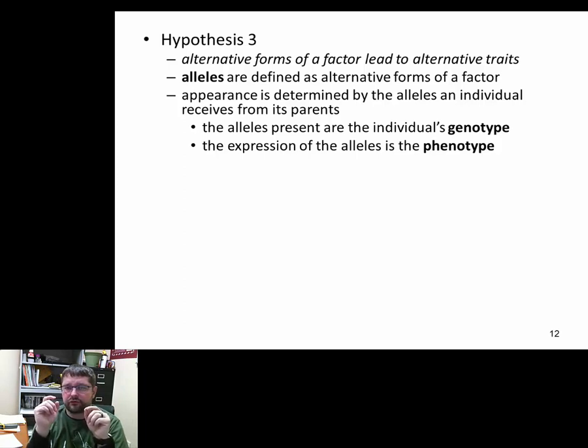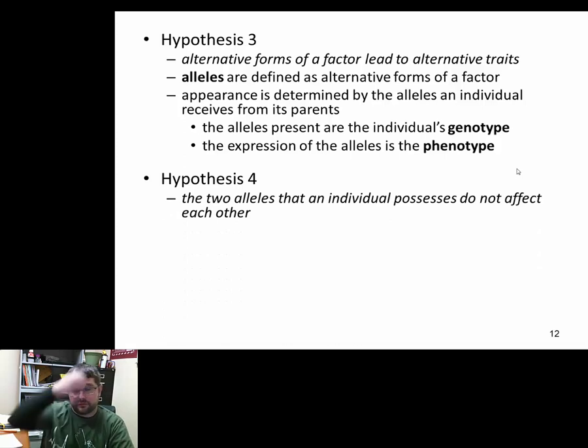Well, if you change the genetic code just a little bit, then this structure is going to be a little bit different than this structure. And that's the difference that we get between dominant and recessive. Right? And so you can receive different varieties from each parent, which gives you the genes or the genetics of the individual, which we call genotype. And then we have the expression of those alleles or the genes, which we call phenotype.